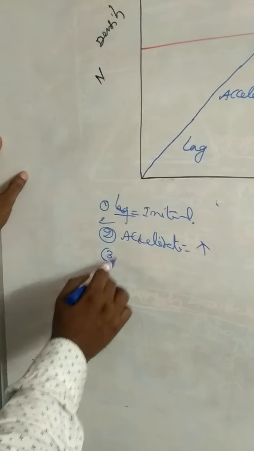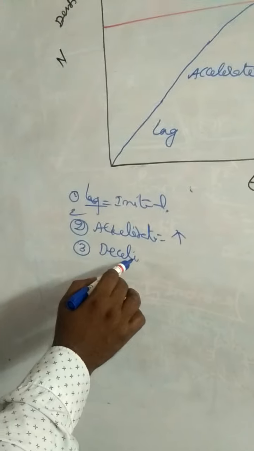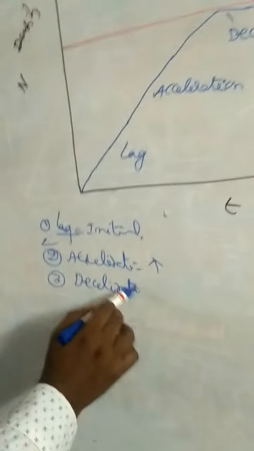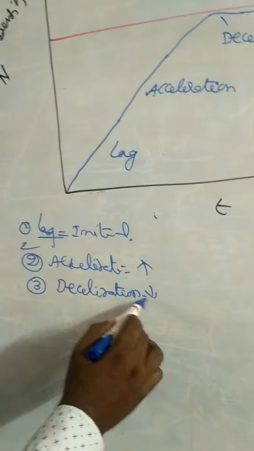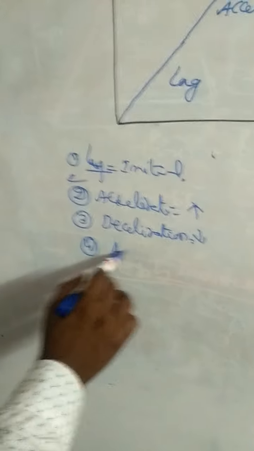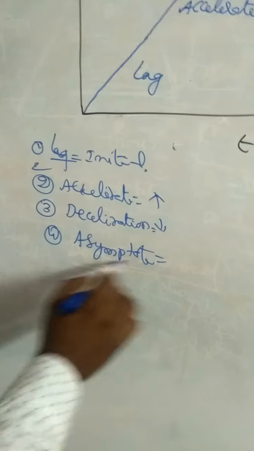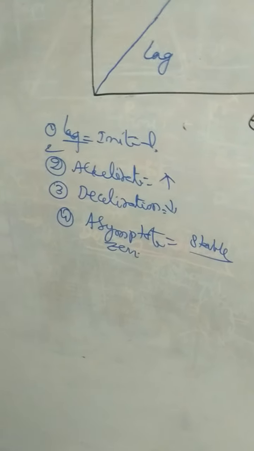And third one is deceleration phase, size of the population decreases. And fourth one is asymptote or zero population, or stable population.